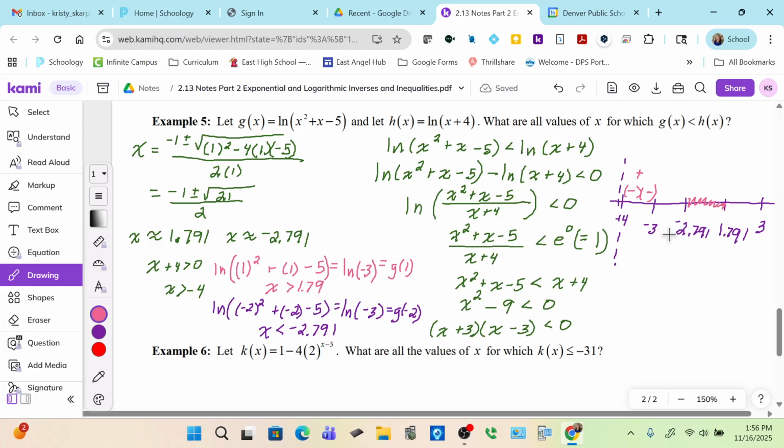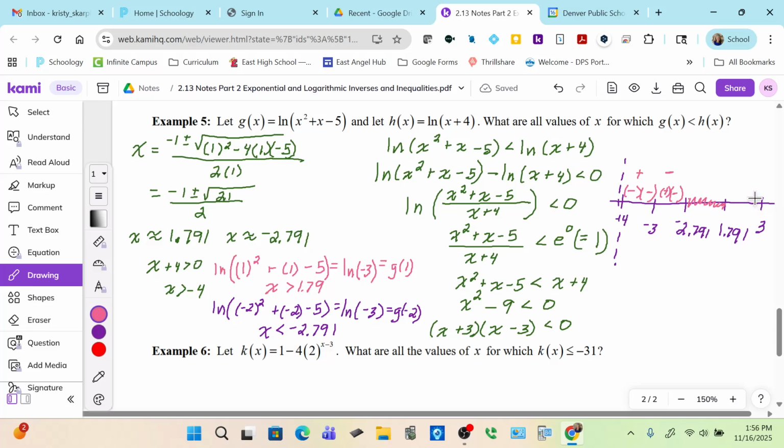Between negative 3 and negative 2.791, let's just say negative 2.9. Negative 2.9 plus 3 is going to be a positive, and negative 2.9 minus 3 is going to be a negative. So this next interval will be negative. It'll be less than. Then we can jump between 1.791 and 3.